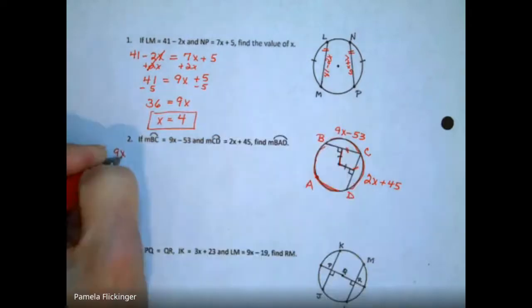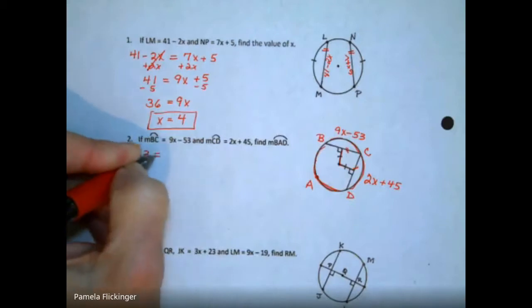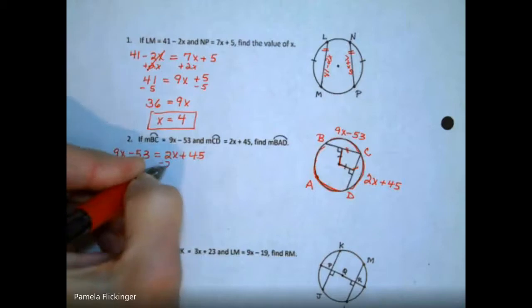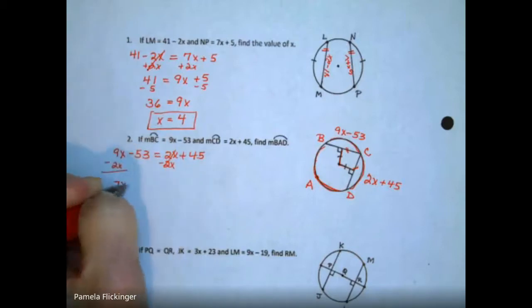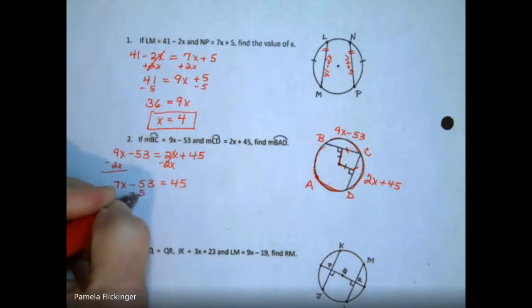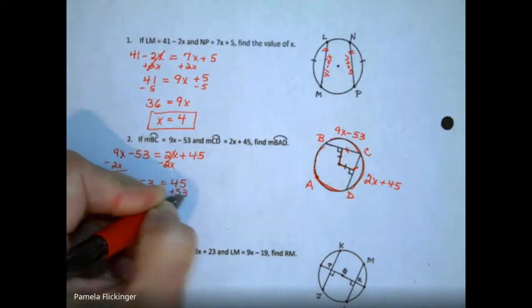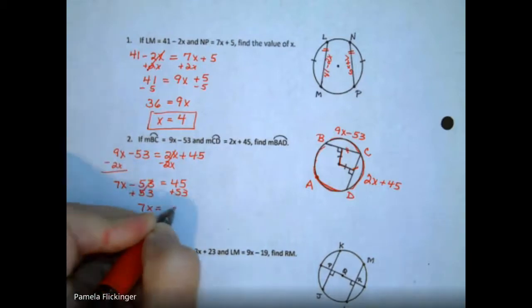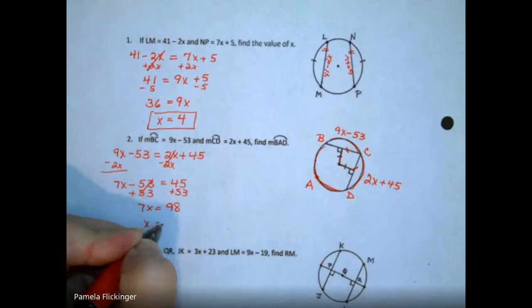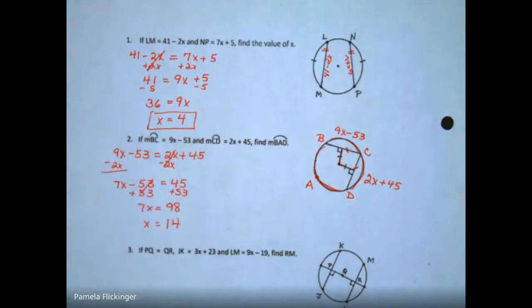So I'm going to start by doing 9x minus 53 equals 2x plus 45. When I subtract 2x, I've got 7x minus 53 equals 45. Add 53 and then divide. That's going to be 14. So I know x is 14.